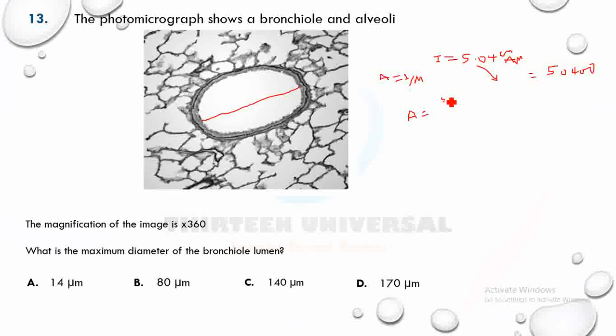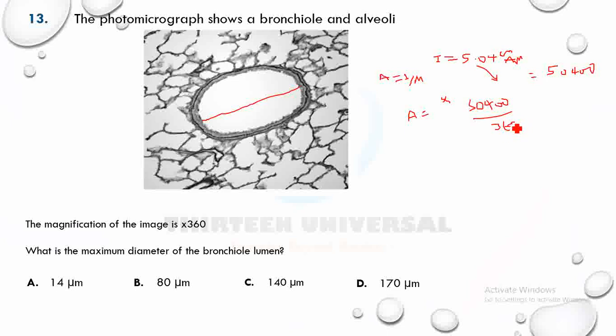Okay, so this is going to be 50,400 all over 360, which is multiplication.